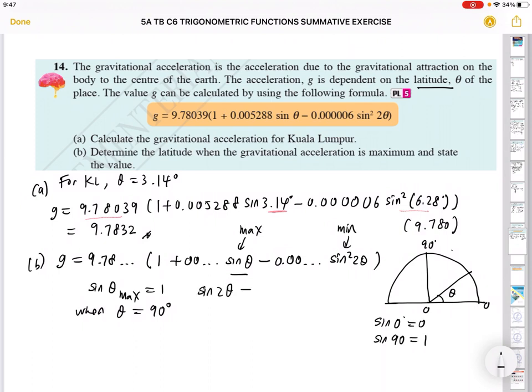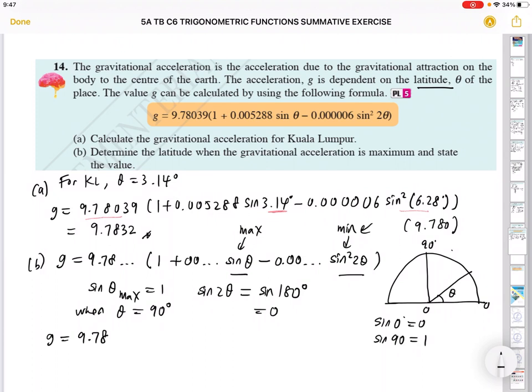So I can now sub in theta with 90. This is 9.78. Wow, this is very long. 239 1 plus 0.00528. Okay, 0.05288. Now I'm not going to write sine 90 because sine 90 is 1, right?